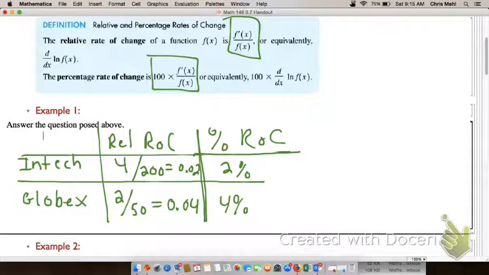So any investment you make with Globex, you're going to see a 4% return on that investment. So it turns out Globex, using this relative rate of change approach, would also tell us that it is the better buy. We should definitely buy Globex stocks. Any amount of money that we spend, you would get a higher return on the Globex stock.